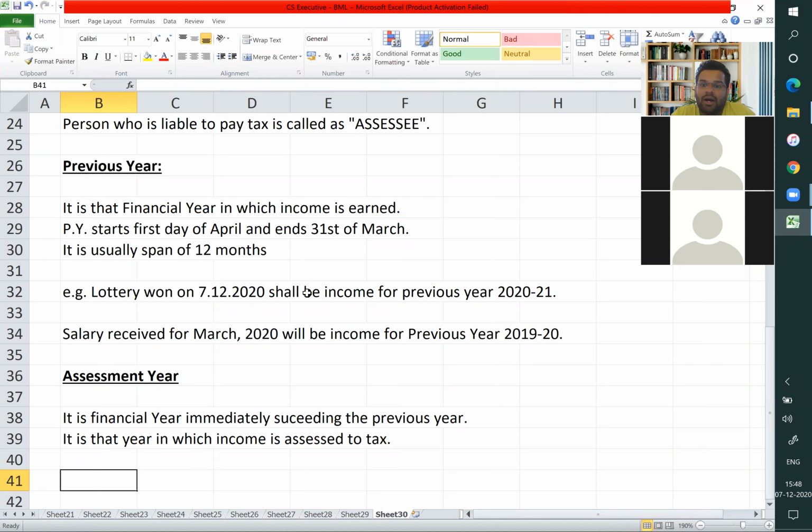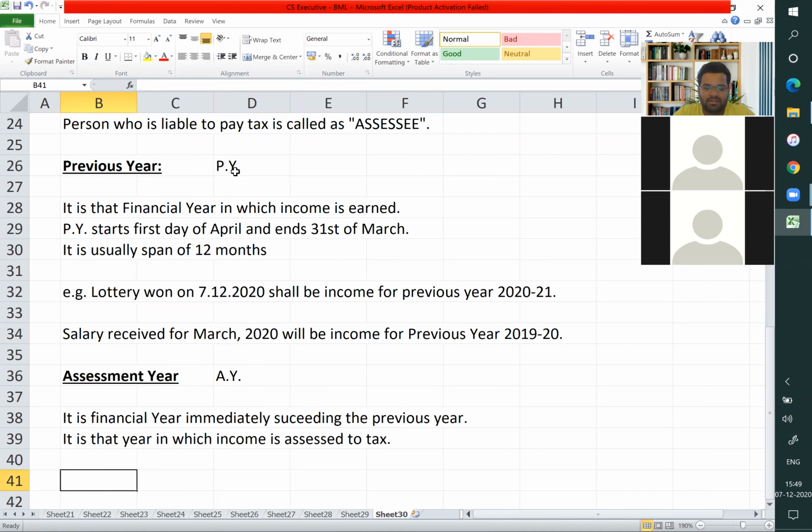In short, assessment of your studies is done after you submit the paper. In the same way, the income which you earn in the PY, its assessment is done in the assessment year, that is the year immediately succeeding the previous year. I can give the short form PY and AY.